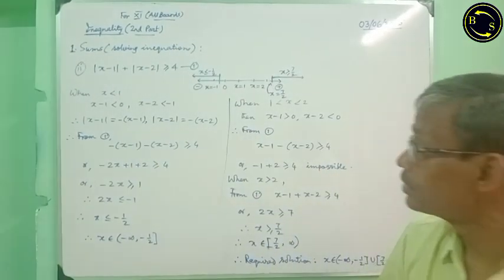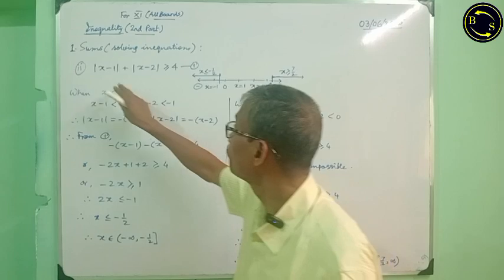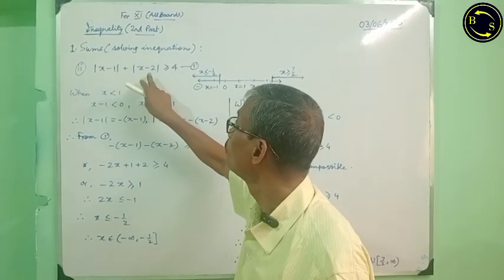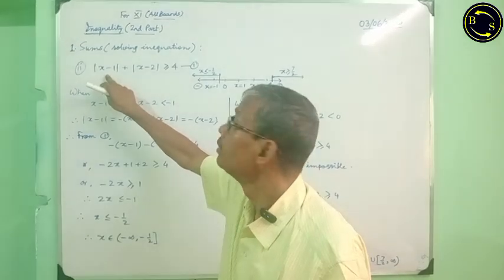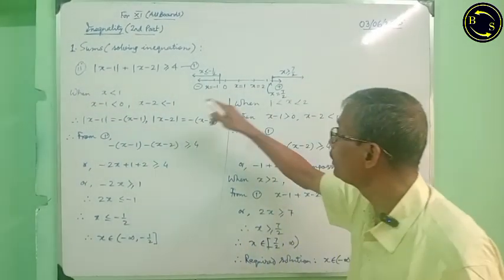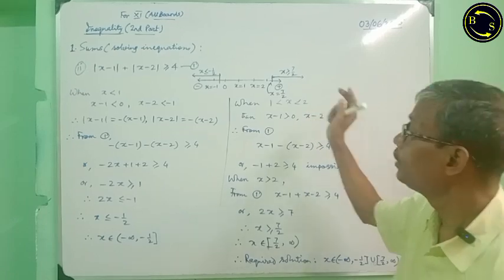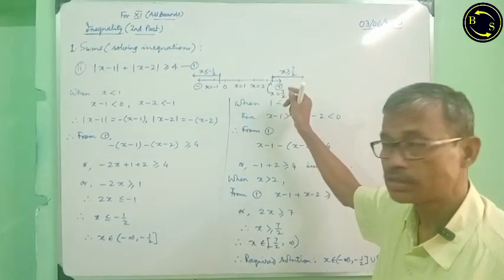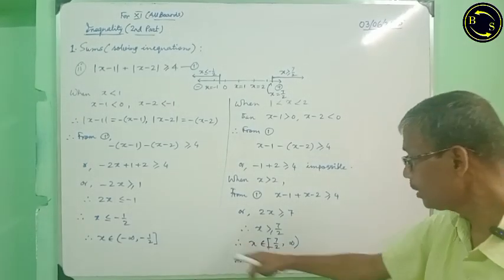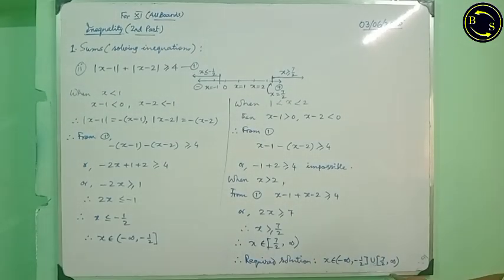Keep this in mind. First you see for which values of x these two are vanishing. Then you divide the whole number line into, in this case, 3 parts and discuss in different parts. And finally, we get this is the solution.